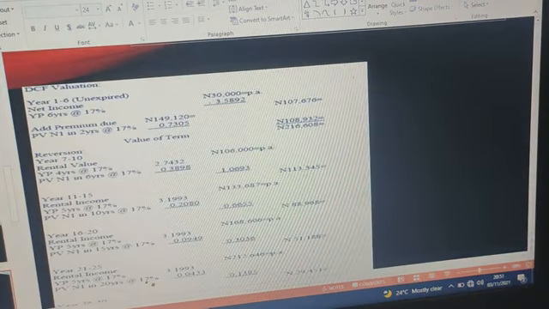DCF valuation. Year 1 to 6, unexpired. Net income N30,000 equals P.A. YP 6 years at 17%, 3.5892. N107,676 equals.